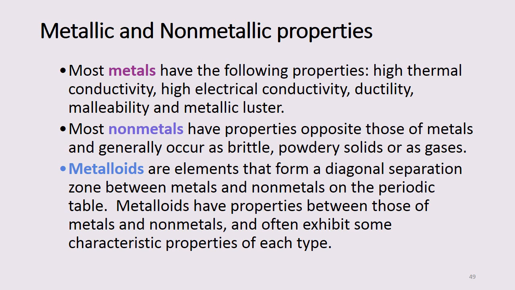It will conduct electricity and heat, but not so much that it shorts itself out, whereas a true metal would conduct too much electricity. And so silicon and germanium, which are used in computers, are sort of halfway between metal and nonmetal.